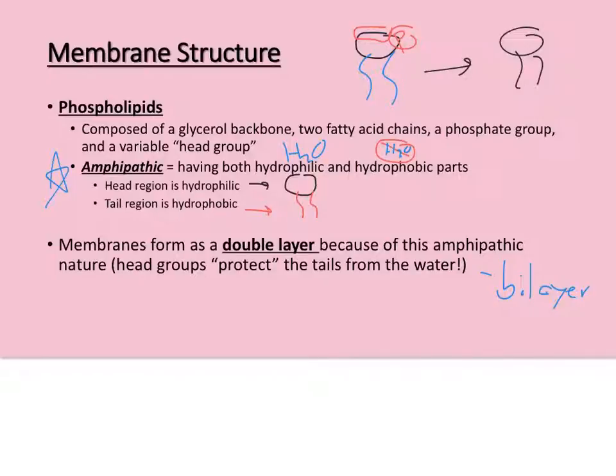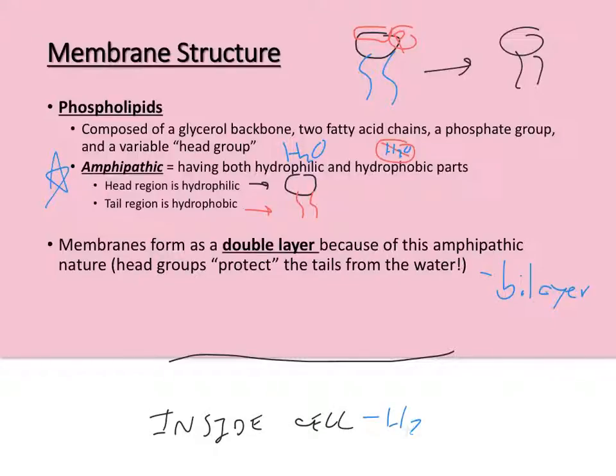So let's just draw a little line right here. Okay, so this is inside the cell, and that is basically a solution with water. And up here is outside the cell, and that also is basically a solution in water.